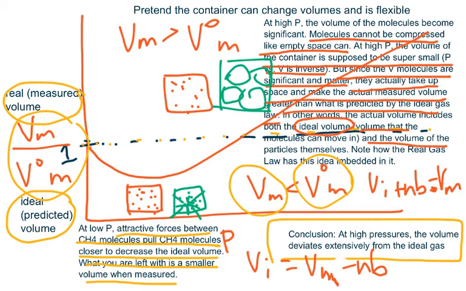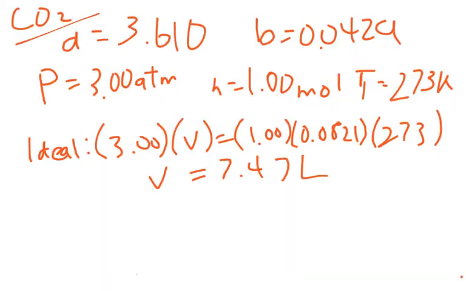So now that the conceptual side of the real gas is covered, let's now cover the mathematical side to the real gas. So let's say we are given that the pressure of the carbon dioxide gas was 3.00 atm, 1.00 moles, and the temperature was 273 Kelvin.